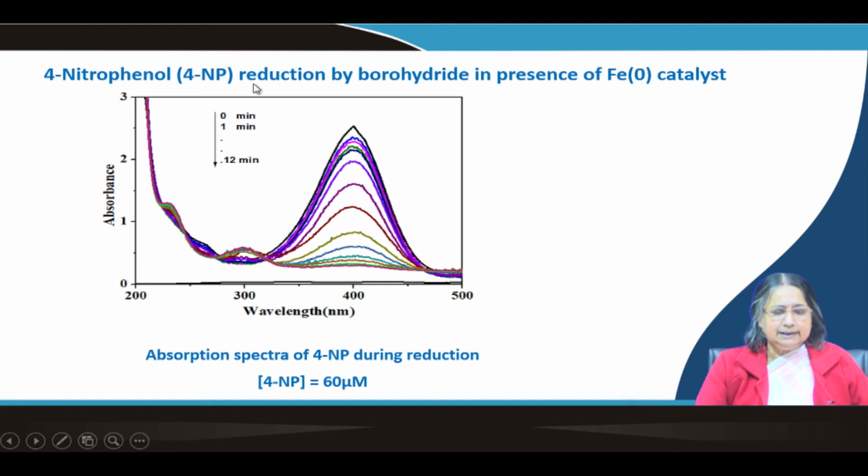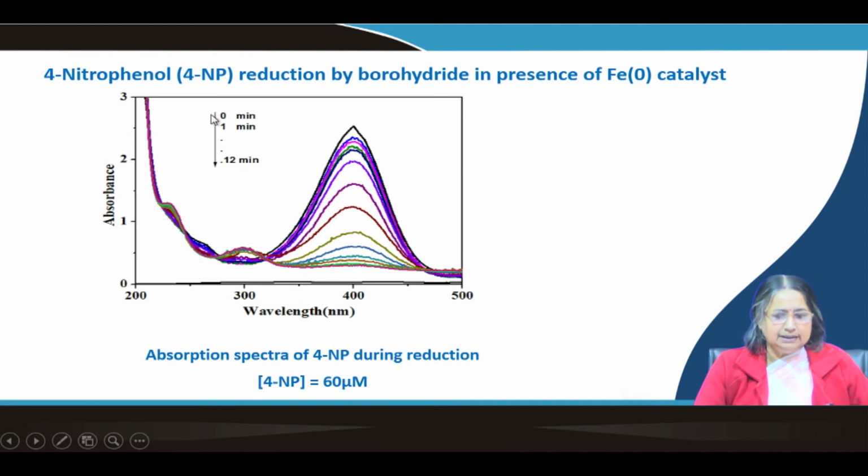Now, you have started the reaction using the catalyst in presence of borohydride, which is a reducing agent. This is the spectra of the 0 time, which you are obtaining in the spectrophotometer. It is called absorption spectra.